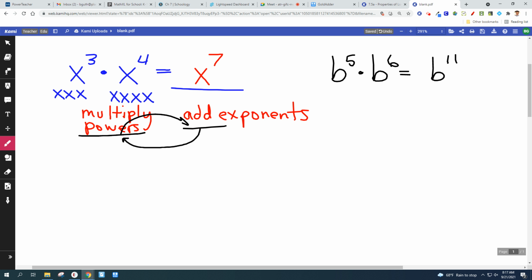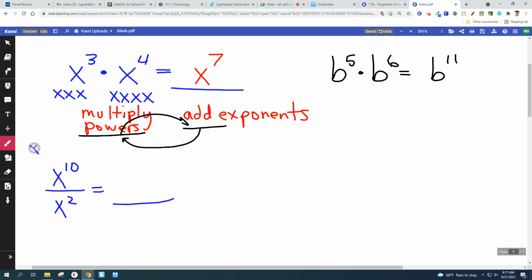Here's another problem. Let's say we have x to the 10th divided by x to the 2nd. We've got division this time. A very common thing would be to say 10 divided by 2 is 5, and so you'd say that's x to the 5th, but that's not how this problem works.